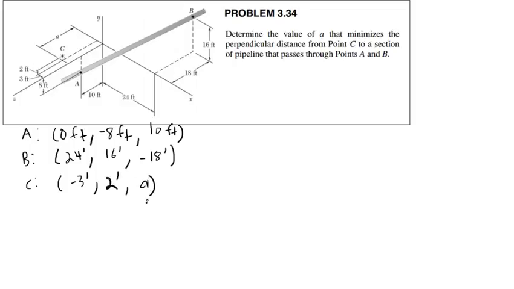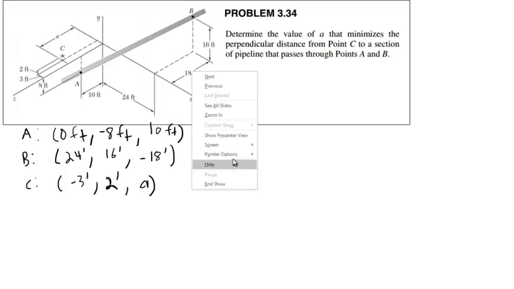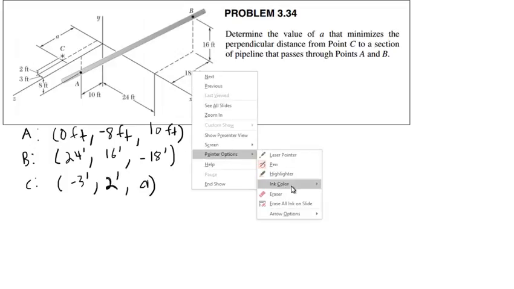So that is the only coordinate here that can move about. Now, we need to minimize the perpendicular distance here, right? I think I can apply principles of moments to this. So I'm going to try to solve this using principles of moments, which is why it's here.